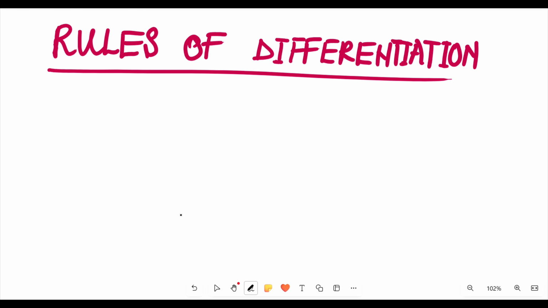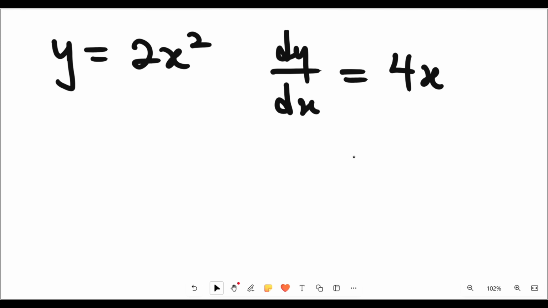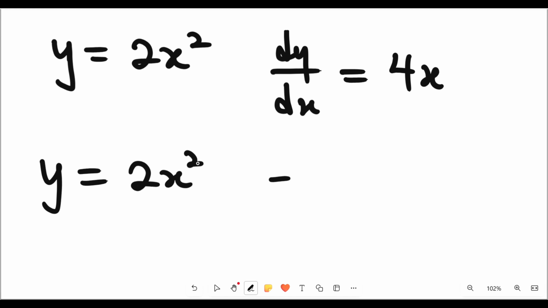All right. Let us look at how best we can use the product rule. Now, this is how we use the product rule. You could see that y equals 2x squared can be expressed as y equals 2 times x squared.